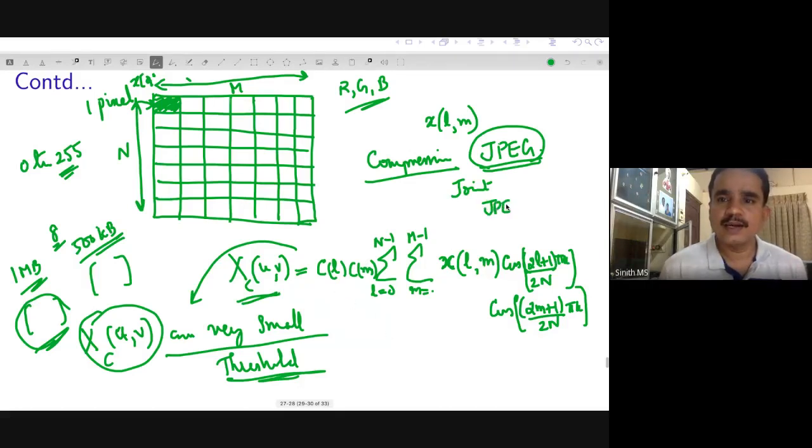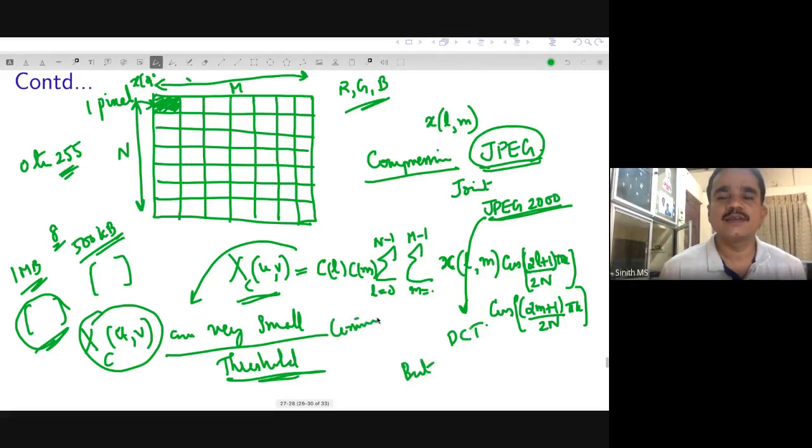You would have heard about JPEG 2000 also. JPEG 2000 is something similar to the discrete cosine transform, but instead of cosine waves, you use small waves called wavelets. These are small waves, like small drops are called droplets.